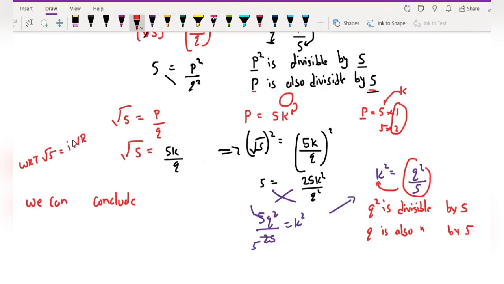Here we got root 5 is equal to 5k by q, or else you can go with the first step. This is a rational number, and this is an irrational number. We cannot say an irrational number is equal to a rational number. Can we say? No, we can't say.